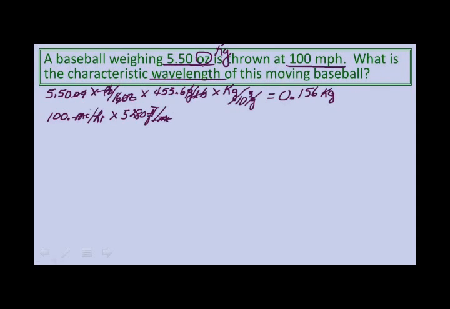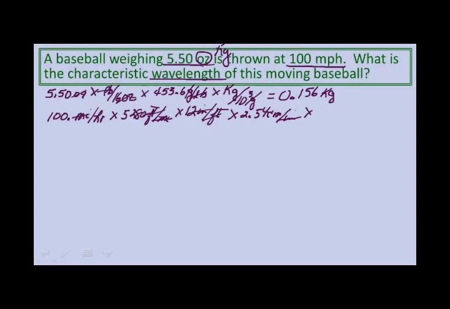Unless, of course, you're not working in the English system and you think we're a little nuts. Times 12 inches per foot. So feet cancel. All right, we've got that. Times 2.54 centimeters per inch. Inches cancel.